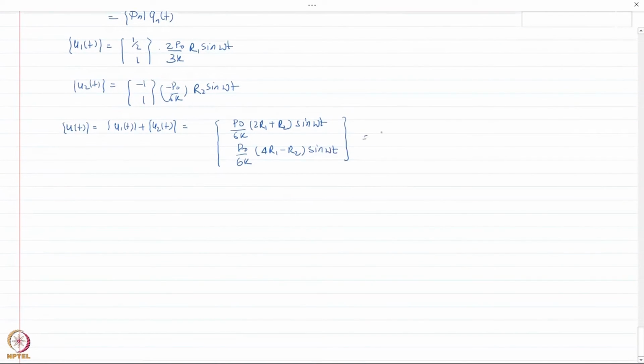This corresponds to the displacement history at degrees of freedom 1 and 2.